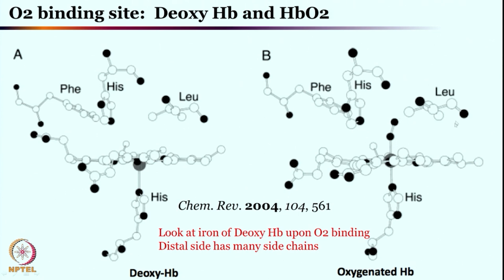This species is also affected by this protein backbone or protein side chain, which overall helps in giving the bent geometry it is having, and this is particularly why we see that the role of these histidine, phenylalanine and leucines are quite crucial for the oxygen binding.